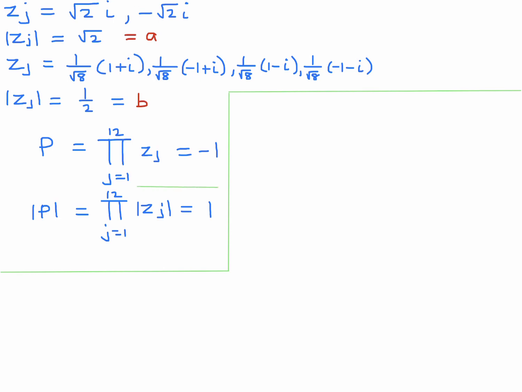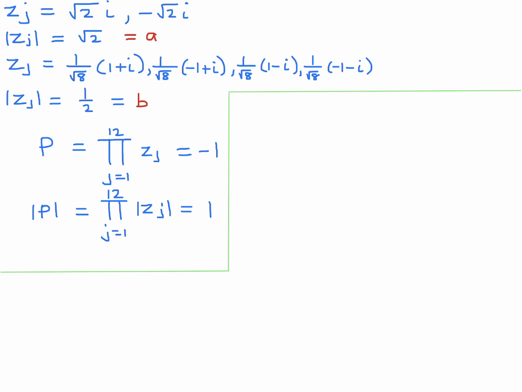Now, in order for us to satisfy this equation right here, we have to choose 12 numbers that when you multiply them together, equal 1. In particular, the magnitudes must equal 1.